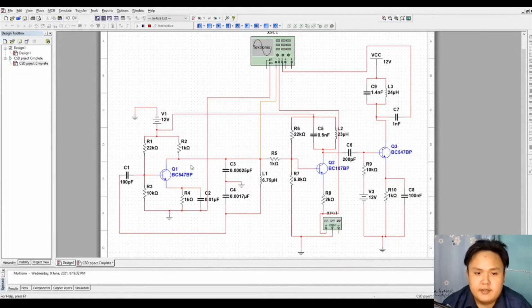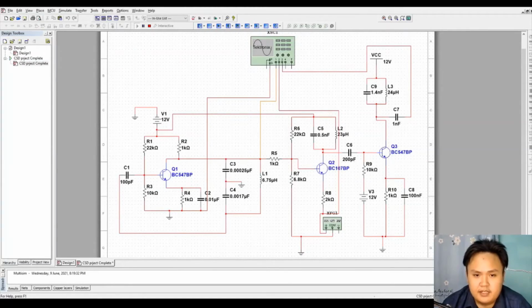Then this Colpitts oscillator is connected to the AM modulator circuit. For the message signal, we use function generator 1.